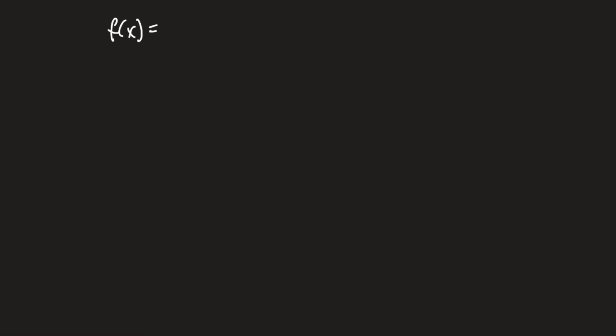Let's say we have some function that is a polynomial. The reason for long or synthetic division is to divide a polynomial by another polynomial, something that you may know, or something that you may be given.